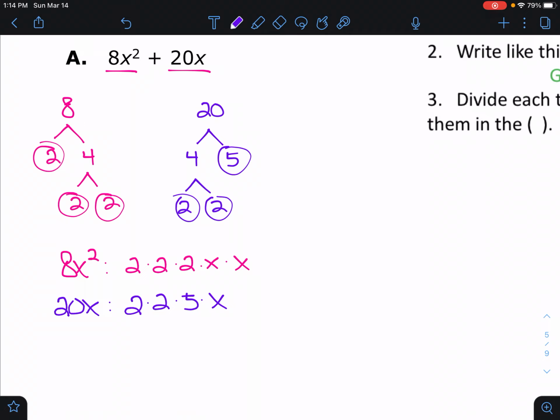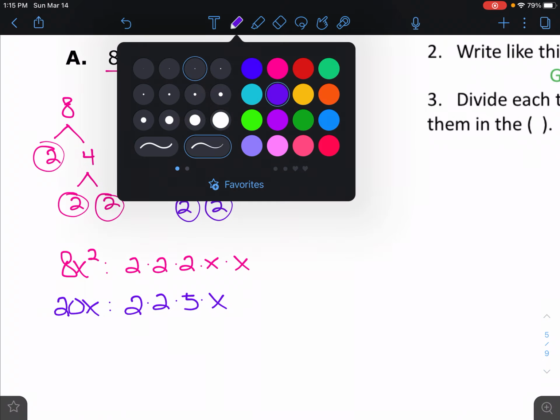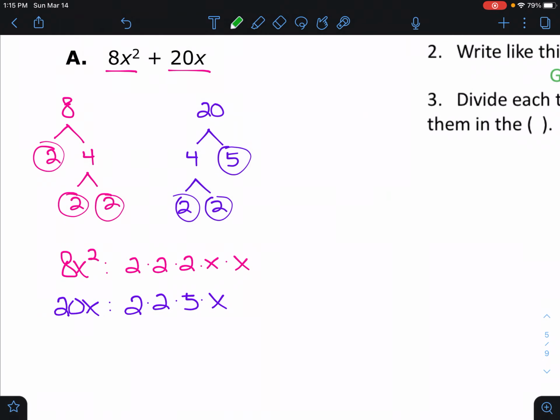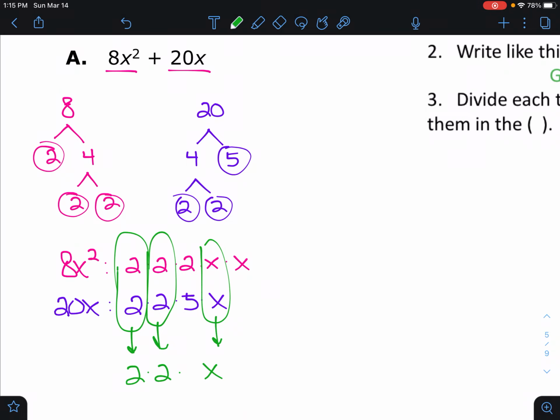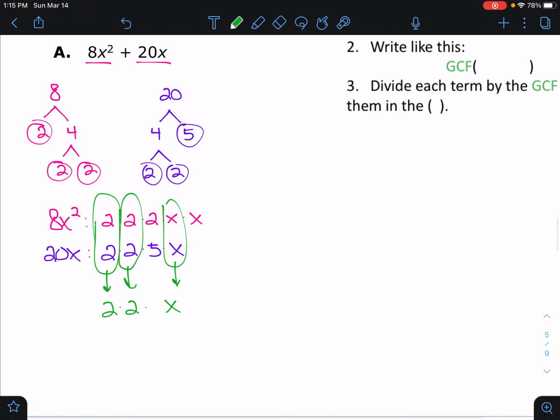Okay? And then I'm going to circle anything that they have in common. So let's see. Again, they don't have to line up. These just happen to line up here, but they don't have to. So I'm going to bring those down to a 2 and an x. So what is my GCF?